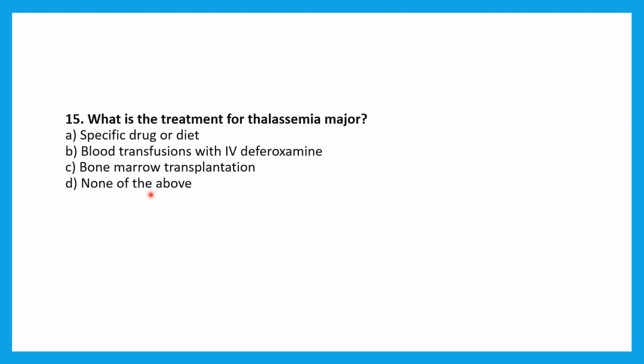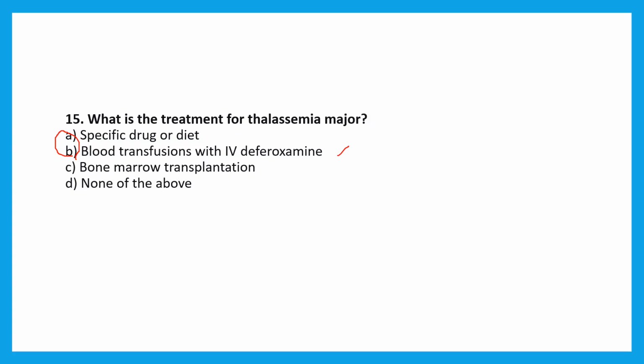Option B is the primary and ongoing treatment, and therefore we say that blood transfusions with intravenous deferoxamine is the treatment for thalassemia major that is currently available. So B is our correct answer.